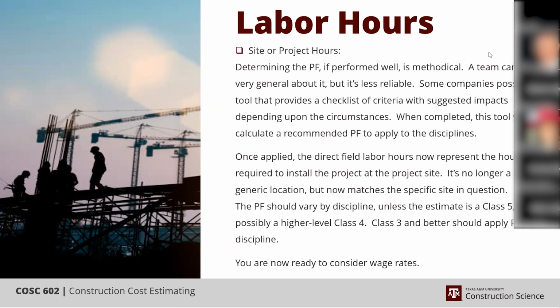You could possibly have a job site that actually is more friendly than a standard US Gulf Coast site. Like I said, most of the time I haven't seen it because they're supposed to be ideal situations and nothing's ever ideal. But one job might require a productivity factor of 1.2, which is fairly low. 1.3 to 1.45 is pretty typical.